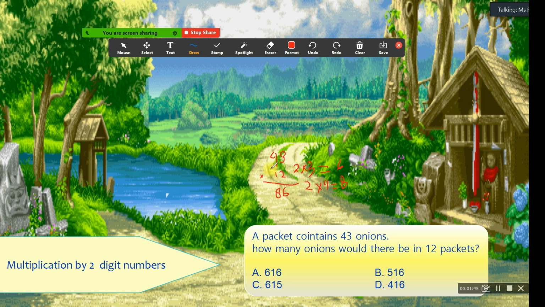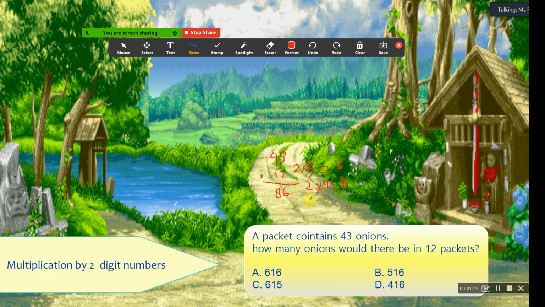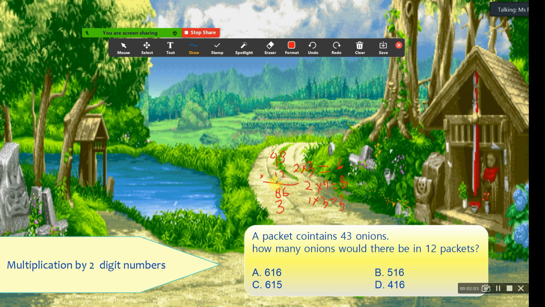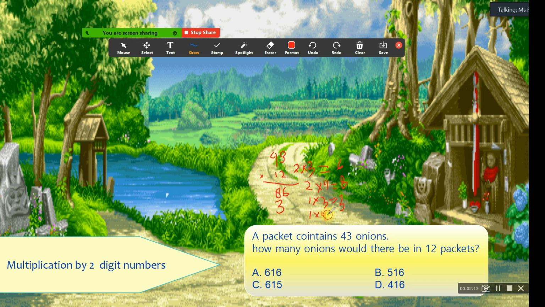First, multiply 1 by 3. 1 times 3 becomes 3. So we can put 3 in the tens place. After this, you can multiply 1 and 4. 1 multiplied by 4 equals 4. So we can put 4 here.